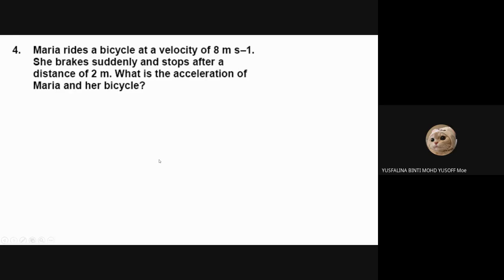I call another one. Lo Chi Seng, are you here? You can open your mic and also you can just answer in chat room.